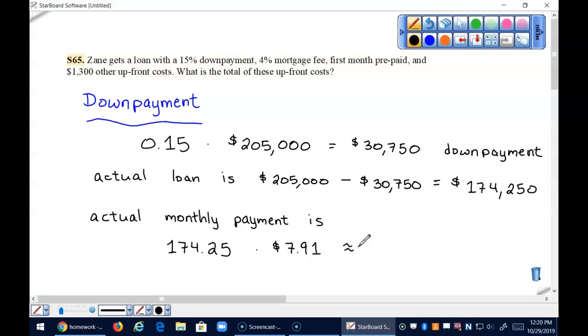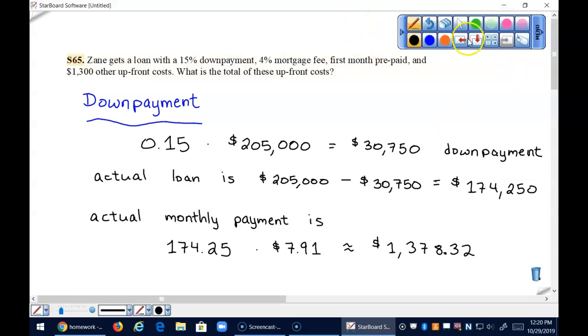So his actual monthly payment to the bank will be $1,378.32.